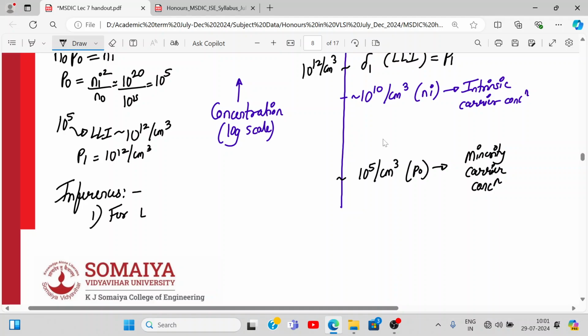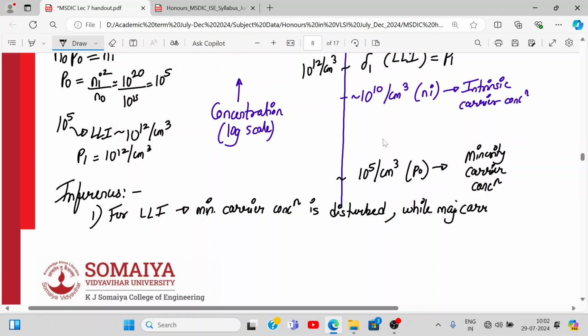First, for low level injection, minority charge carriers or minority carrier concentration is disturbed, while majority charge carriers or majority carrier concentration is almost the same as equilibrium.